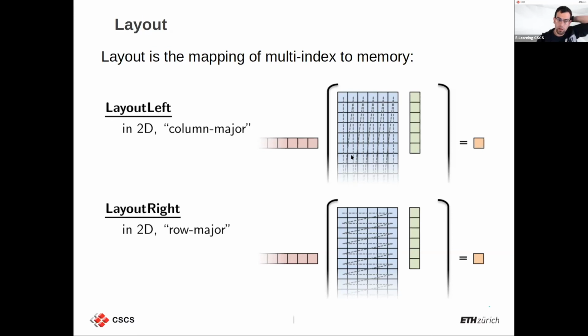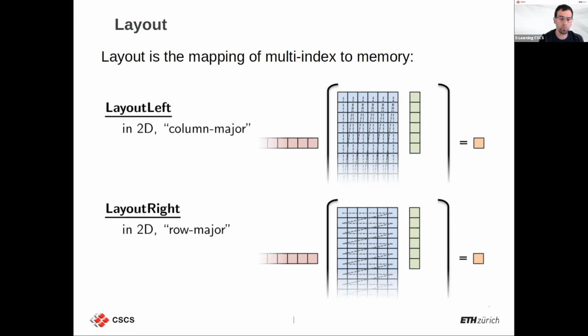If you have layout left in 2D, it means you have a column major order, or if you use layout right, you have a row major indexing. This is crucial for performance. How you use layout greatly affects the performance. I would say 90% of the performance comes from this decision with Kokkos.